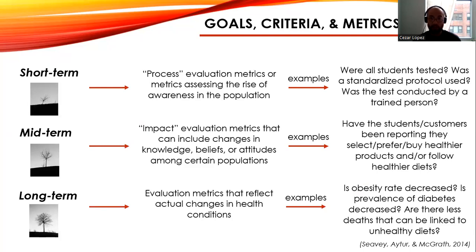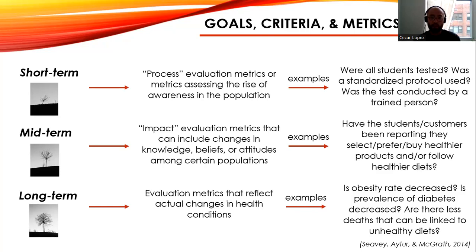Goals, criteria, and metrics compared with time. For the short term, the process evaluation metrics or metrics assessing the rise of awareness in the population. Were all students tested? Was a standard protocol used? Was the test conducted by a trained person? Midterm, impact evaluation, metrics that can include changes in knowledge, belief, or attitudes among certain populations.